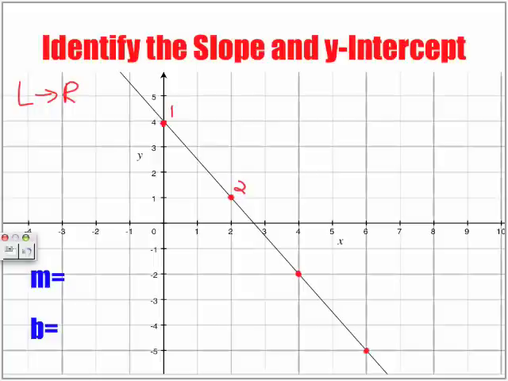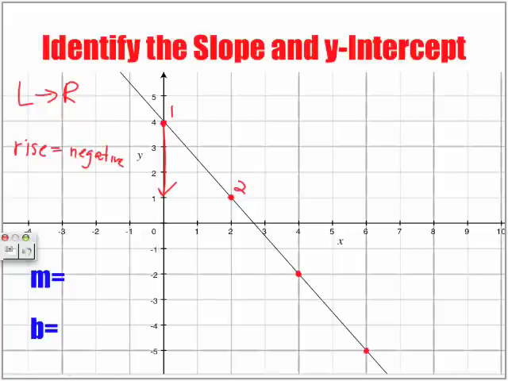So for me to go from my first to my second point, I am moving down. So my rise is no longer rising. We are actually lowering. So in other words, the opposite of our rise would be a negative rise.